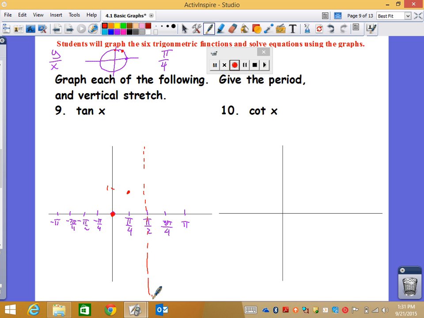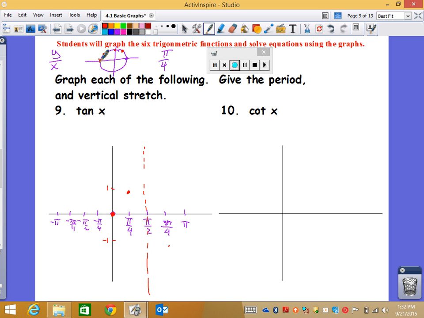3 pi over 4, we know, is right here, right on the unit circle there. My y value there is a positive 1. My x value is a negative 1. So I'm going to be at a negative 1 here. And again at pi, which is right here, I have a y value of 0 over an x value of negative 1.